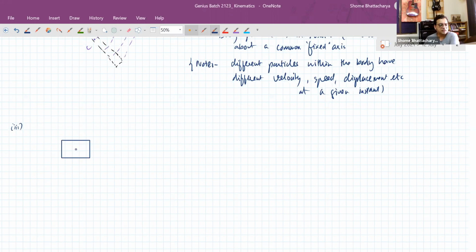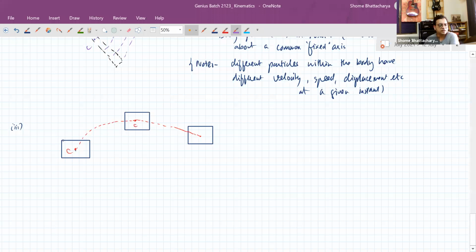Okay, now imagine a rigid body which is now moving like this. It's not exactly moving along a straight line path. So after some time it's reached here. After some time it's reached here. Okay. So if you trace the center of mass, it's moving in a non-straight line path. But at the same time, all the time, the body's orientation is remaining the same. It's not rotating about the center of mass.